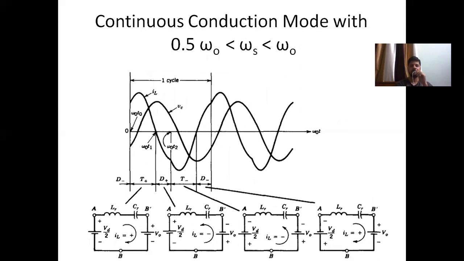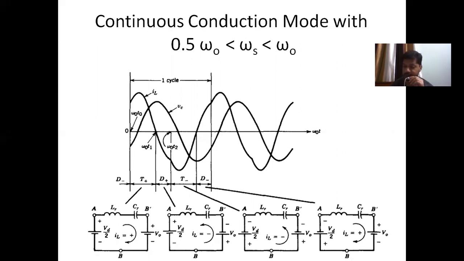The next mode that we have to study is the continuous conduction mode, in which we are keeping the switching frequency greater than half of the resonant frequency, but less than the resonant frequency. So what is happening here is, initially we are turning on T plus at omega 0 T0 at some finite current and voltage. The switch here is turning on at finite current and voltage.